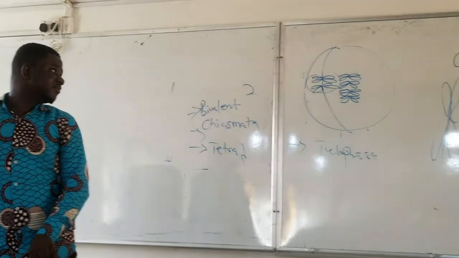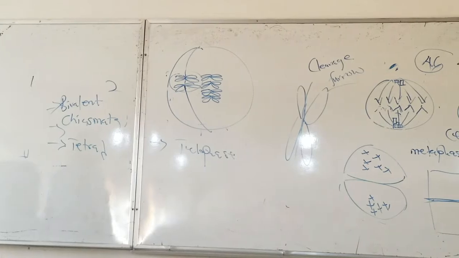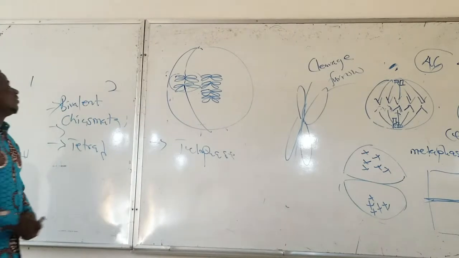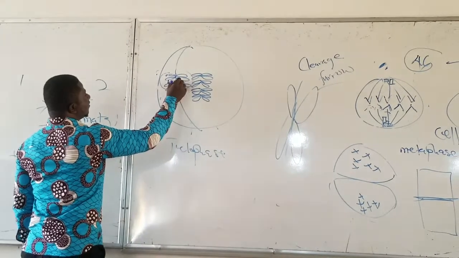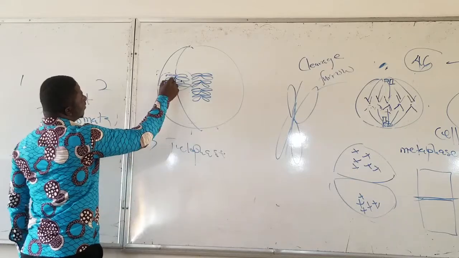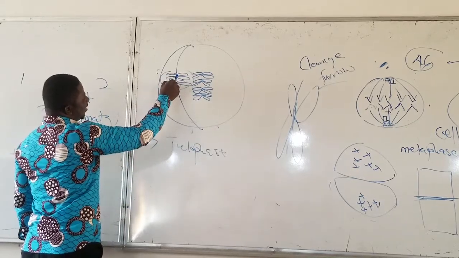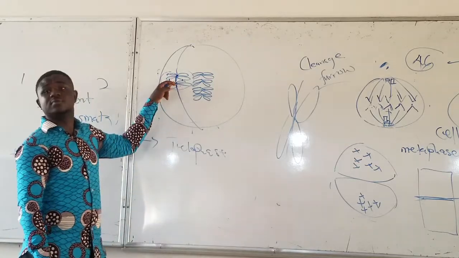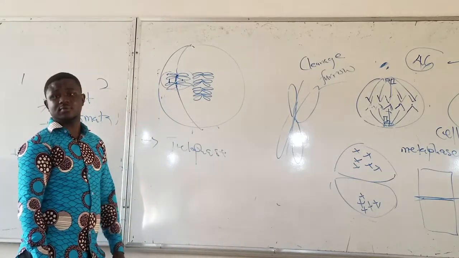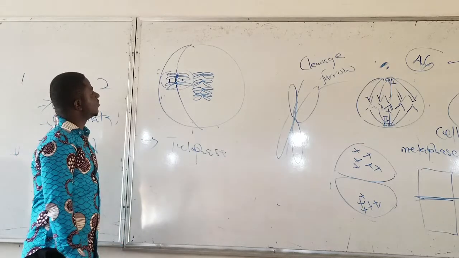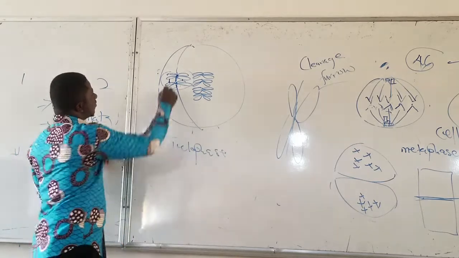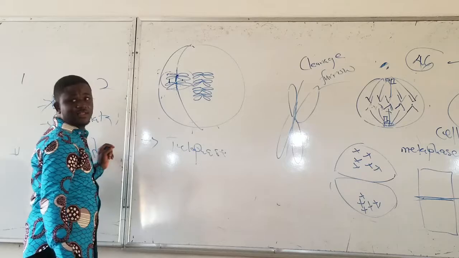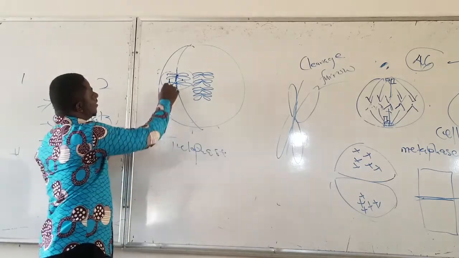You see, from your drawing, we can see that the centromere divides the chromatids at a point. So yes, please draw one for me.